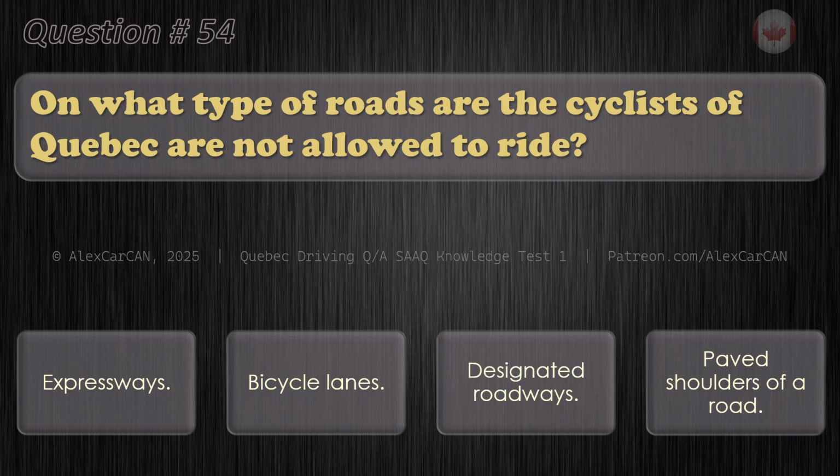On what type of roads are cyclists in Quebec not allowed to ride? Expressways. Bicycle lanes. Designated roadways. Paved shoulders of a road. The correct answer is expressways.